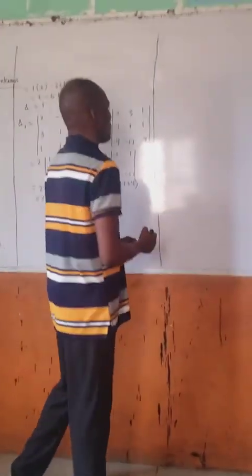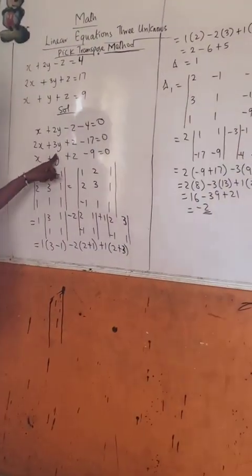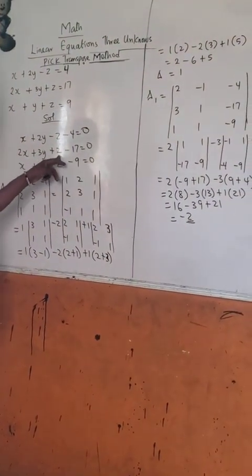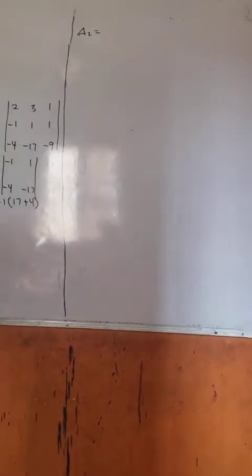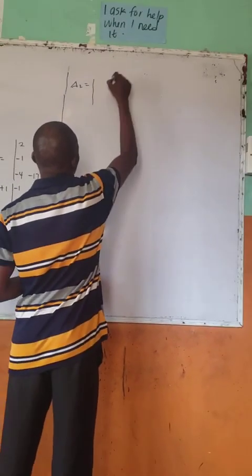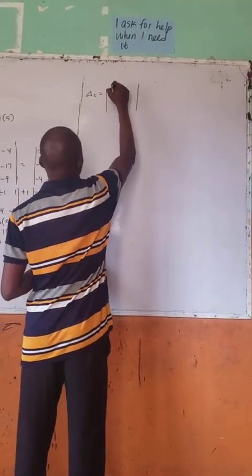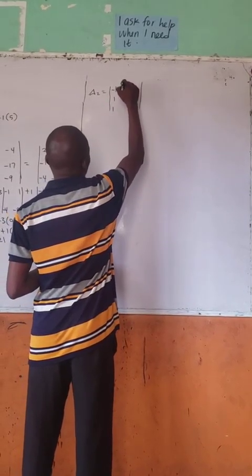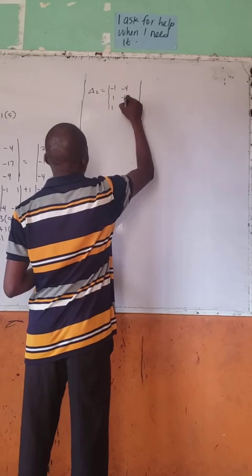Now let's find our delta 2. Once you get delta 2, you leave the second column coefficient and you pick the next 3 column coefficients. That is the third, the fourth, and the first column coefficients. Then we now look for the determinants. So the third column coefficients, we have minus 1, 1, 1, minus 4, minus 17, minus 9.